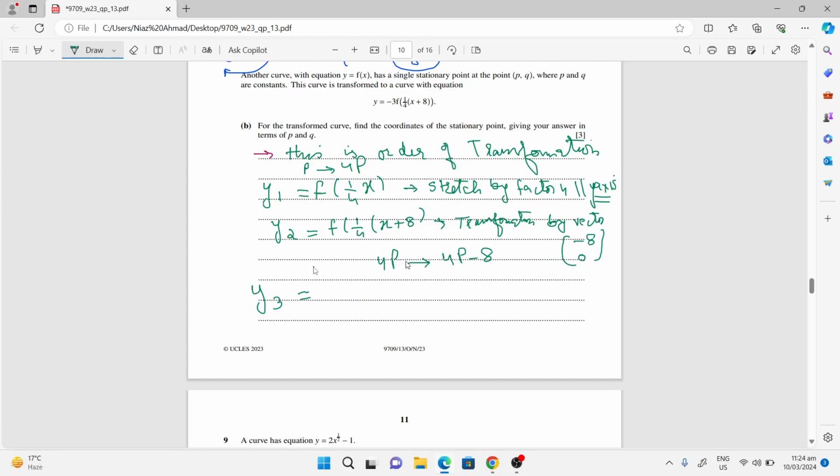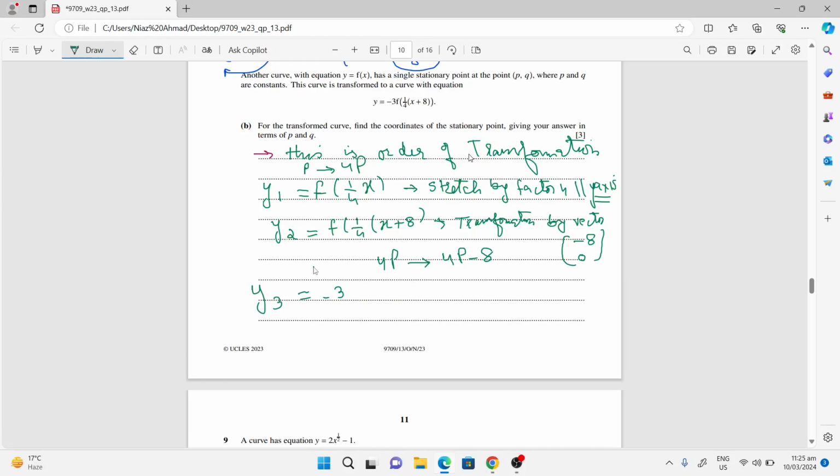So now my 4p becomes 4p minus 8. Now the third one is negative 3. So the function is multiplied by negative 3, a stretch parallel to the y-axis. You cannot describe negative 3 first. You have to follow the order. This is the order of transformation.